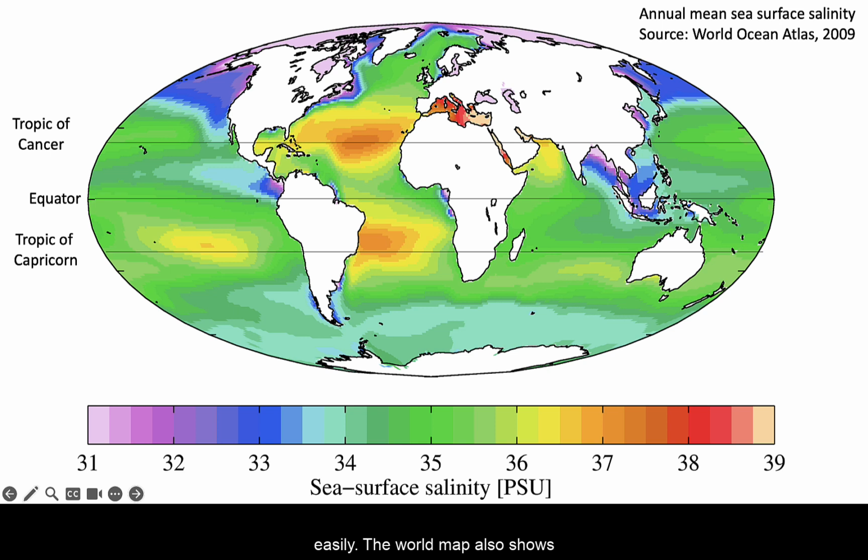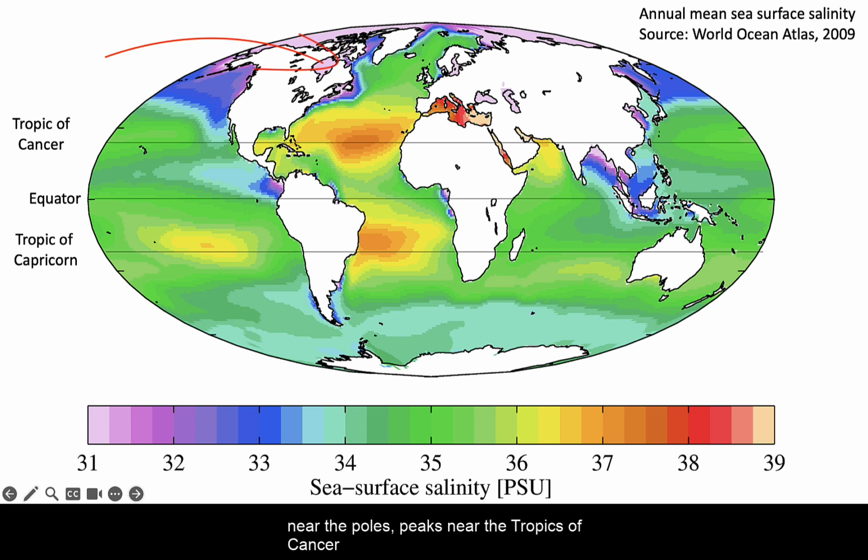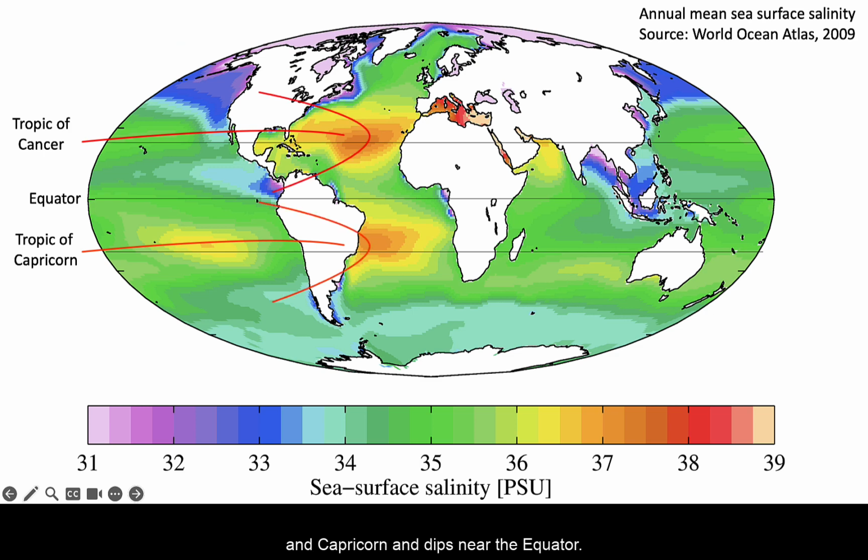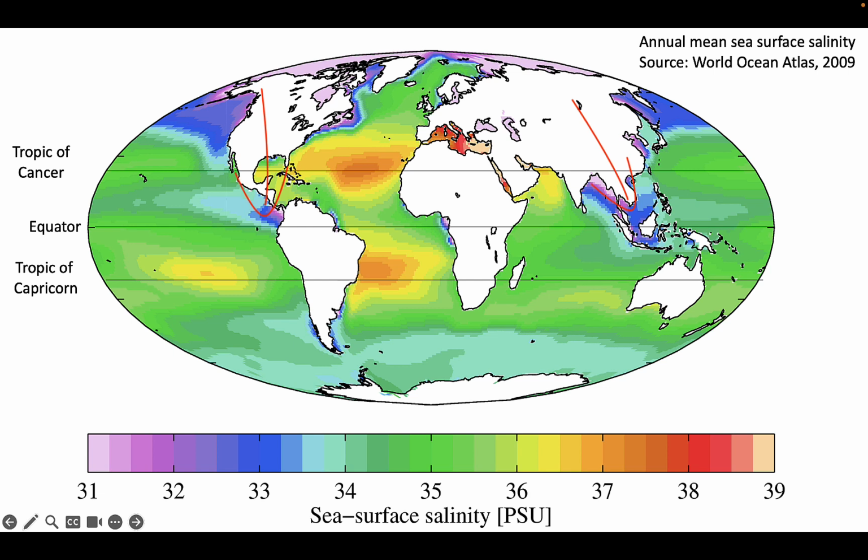The world map also shows salinity patterns with latitude. Notice how lower salinities are detected near the poles, peaks near the tropics of Cancer and Capricorn, and dips near the equator.